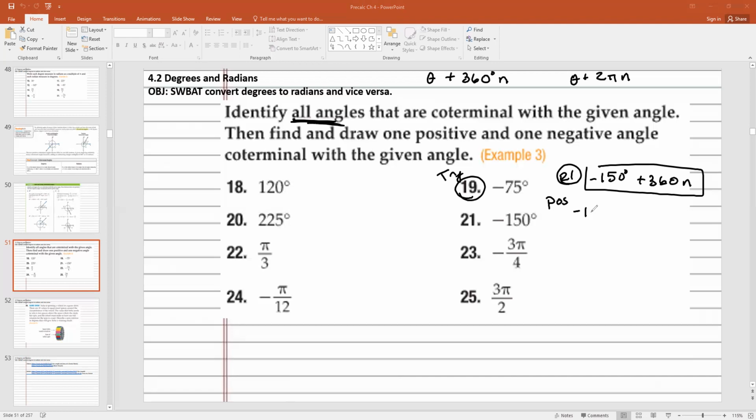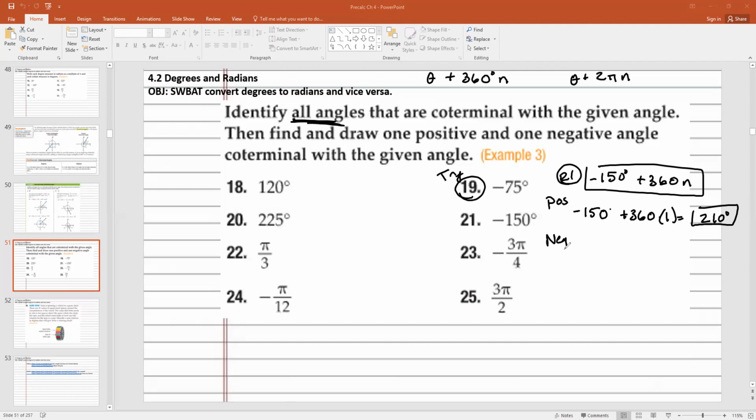So I'm going to do negative 150 degrees plus 360 times 1. And that's going to give me 210 degrees. Ta-da!